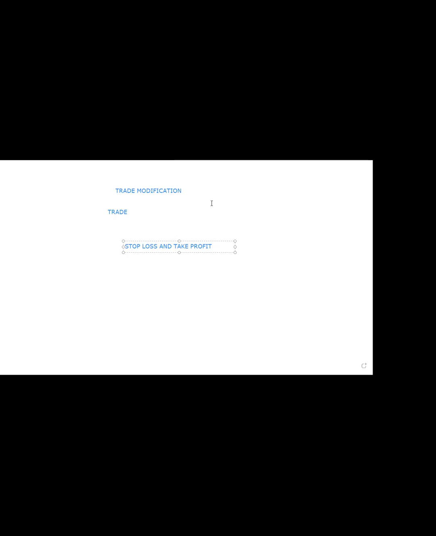So it's also possible to lose all the profit you make if you don't have a profit target. Am I making sense? If that statement makes sense, please drop some sense on the chat box. Okay, great.